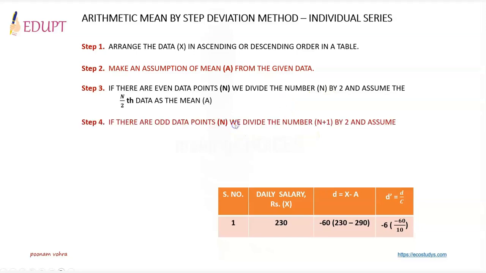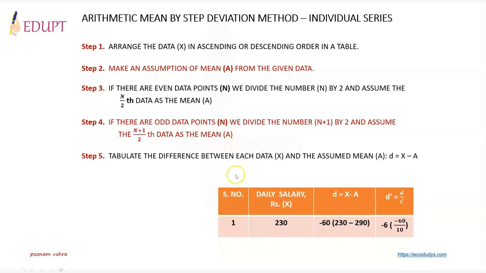But if the data points are odd in number, then we apply n plus 1 by 2 to find the assumed mean. Then you need to find the deviations from the assumed mean by applying d is equal to x minus a, where x is the values, a is the assumed mean that we find from either step 3 or step 4.